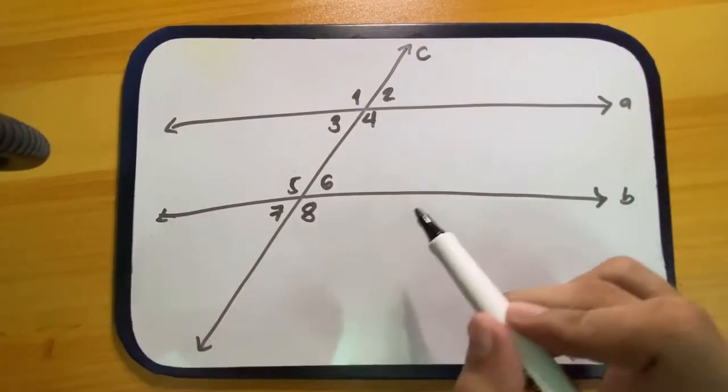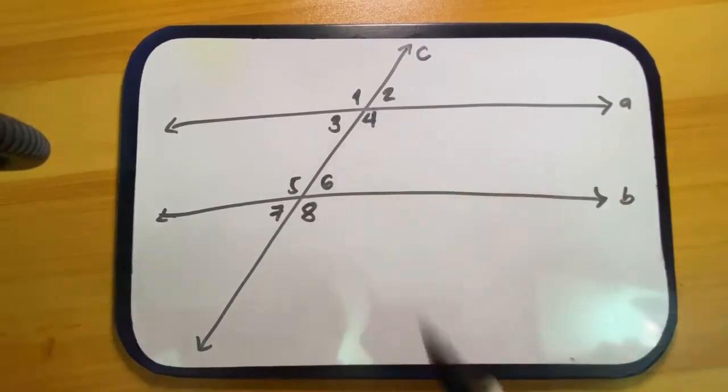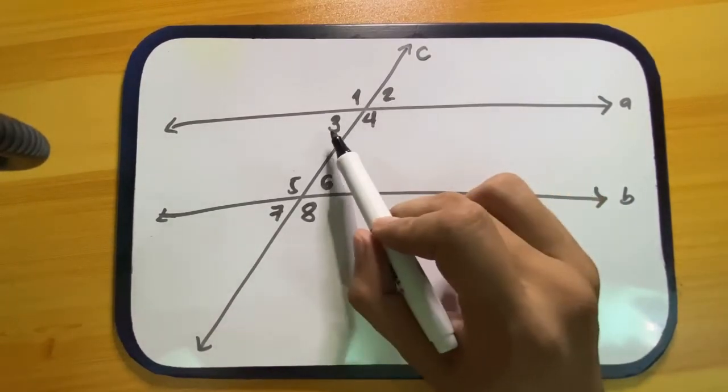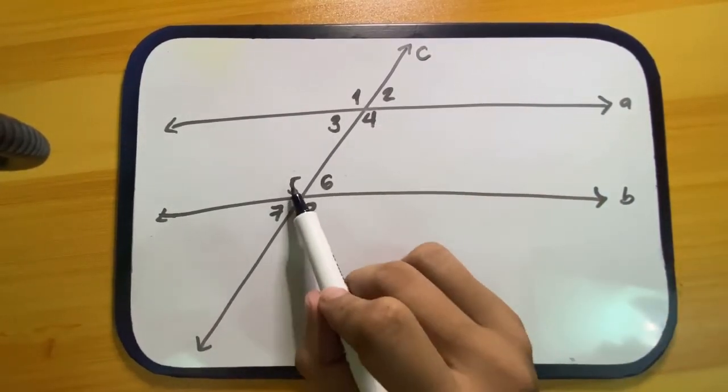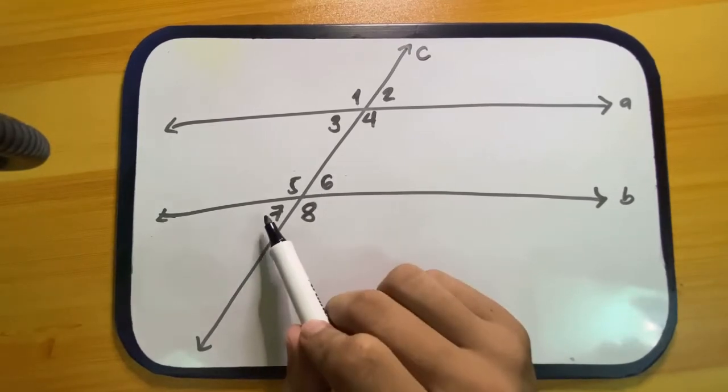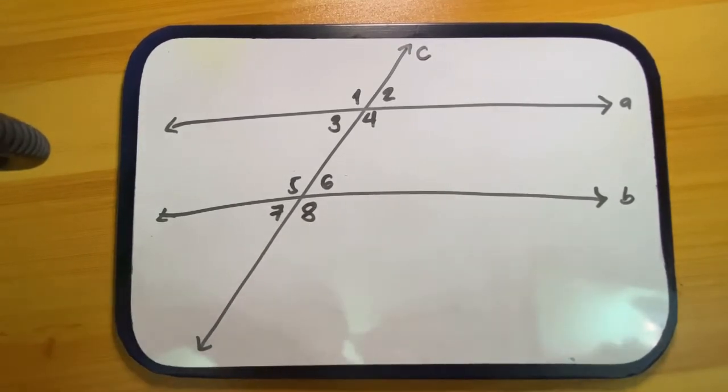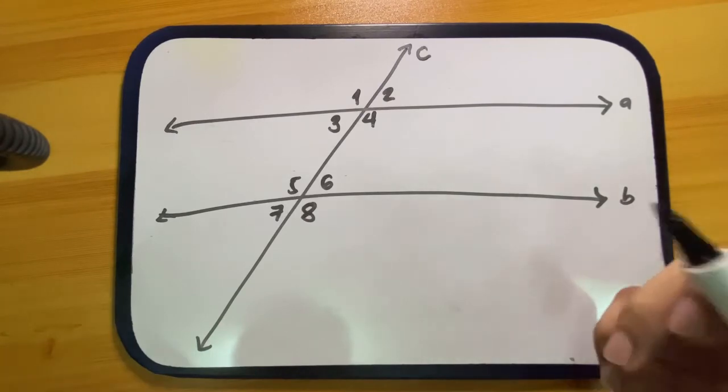So if you notice, we can form 8 angles. Okay, angle 1, angle 2, angle 3, angle 4, angle 5, angle 6, angle 7, and angle 8. So what are the relationships between these angles? Let's go directly to the relationship.